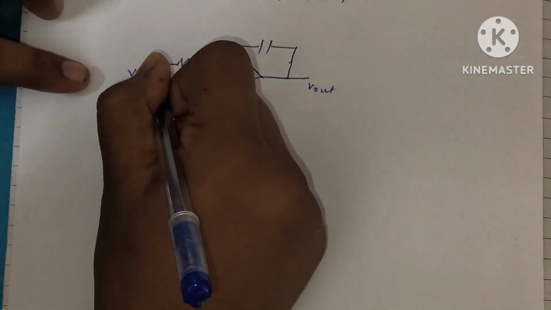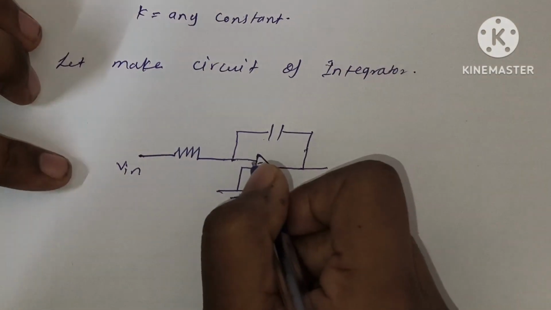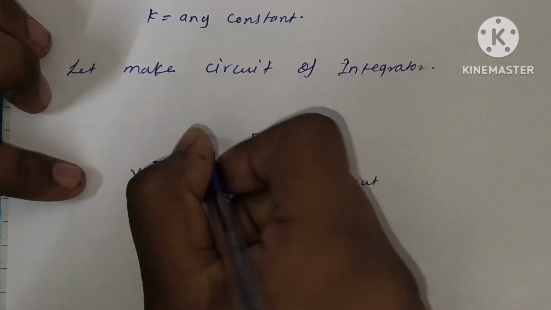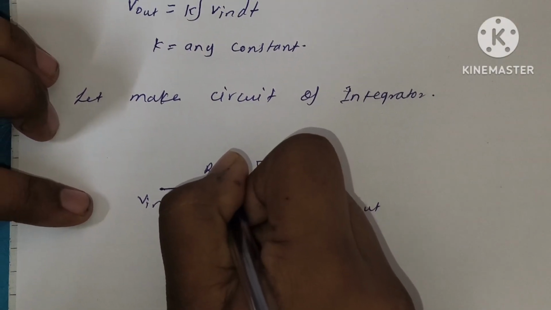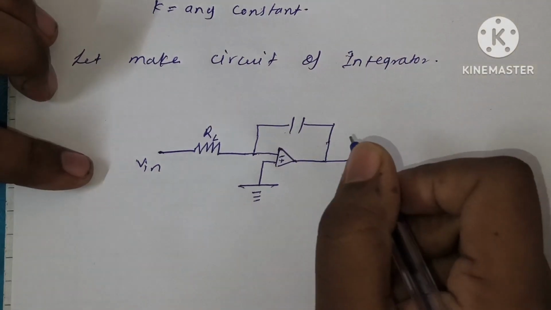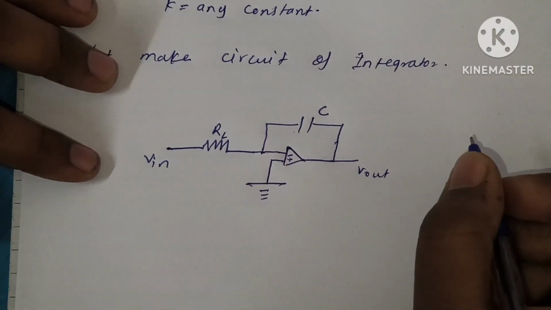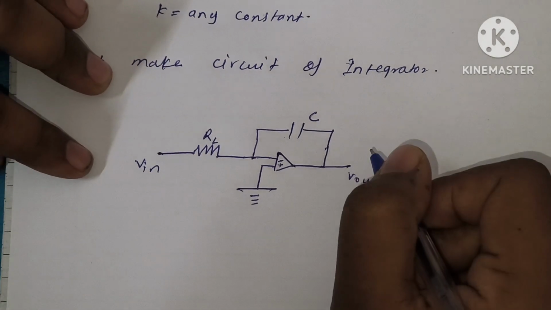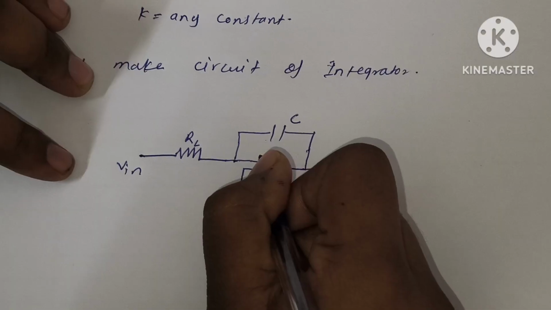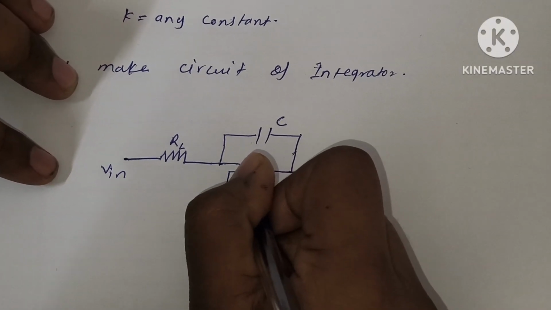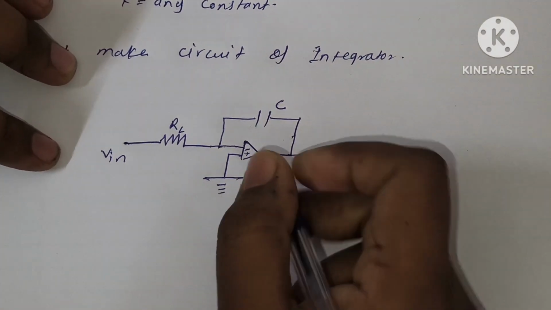Here we give the input to the negative inverting terminal, and this is our load resistance, and this is the capacitor, and on this side we get the output, and we connect the non-inverting side to ground.